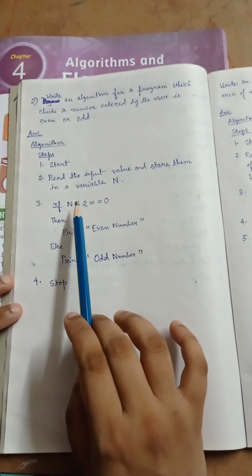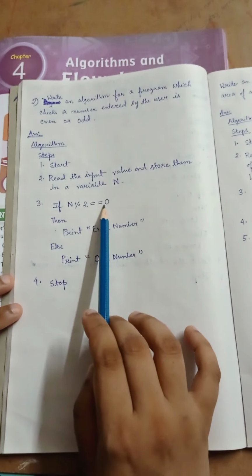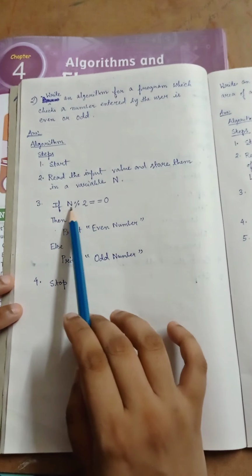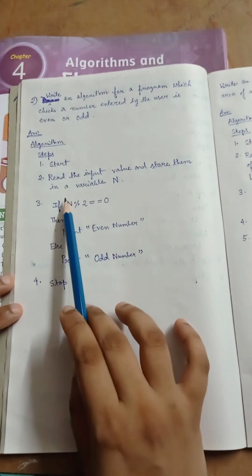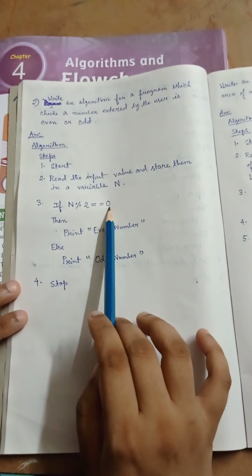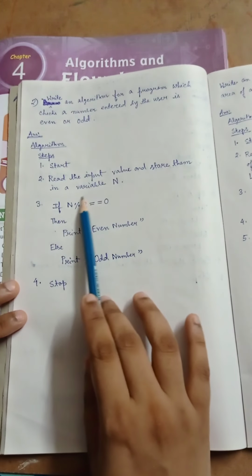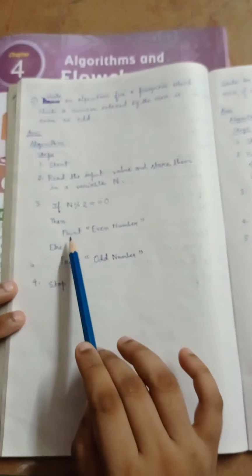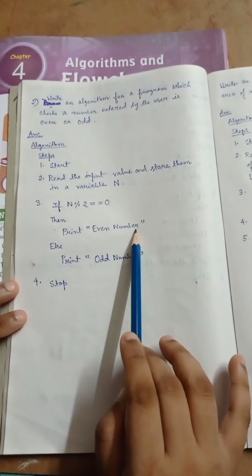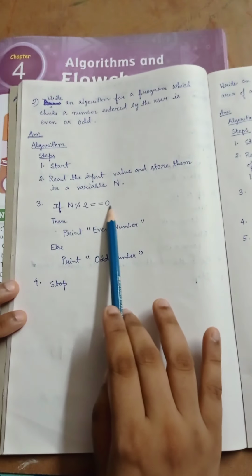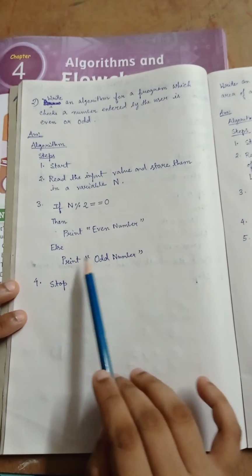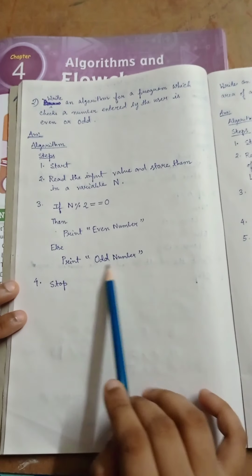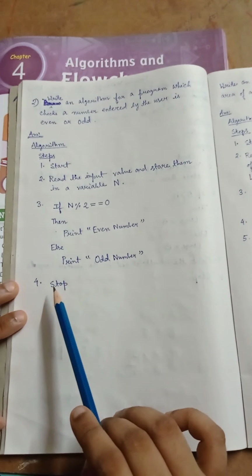If n mod 2 equals 0, this is a condition check. If this condition is true, then this statement gets executed, meaning print even number. If this condition becomes false, then the else portion, meaning print odd number, gets executed, then stop.